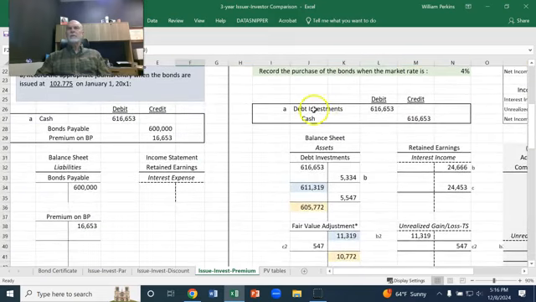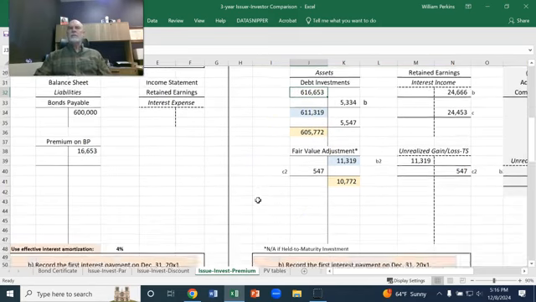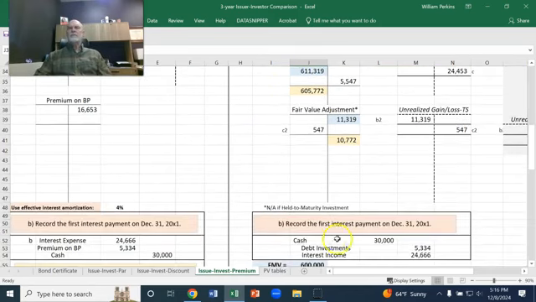So we would debit the investment account for that cost. That goes into the asset account. At the end of each year, we're going to record the collection of that $30,000 of interest. In the first year, debit cash for $30,000. That's because that's what the contract says they will pay us.